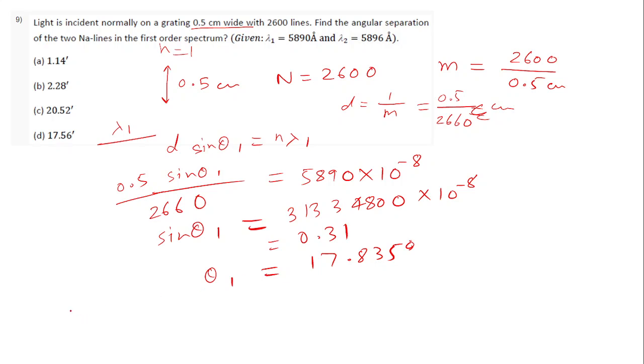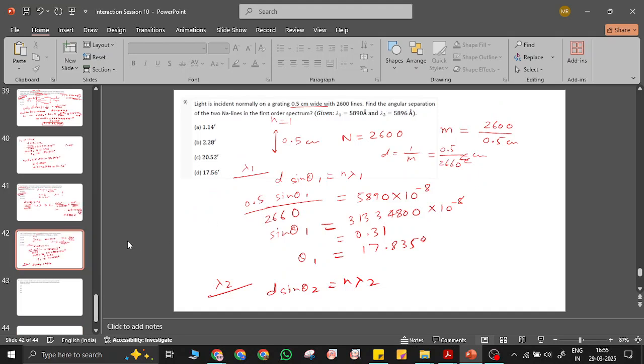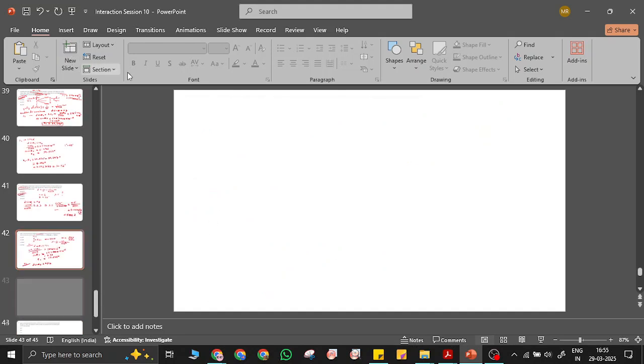Now for lambda 2, using d sine theta 2 is equal to n lambda 2. So sine theta 2 is 0.5 divided by 2660, I think. Yeah. And lambda 2 is 5896 angstrom.